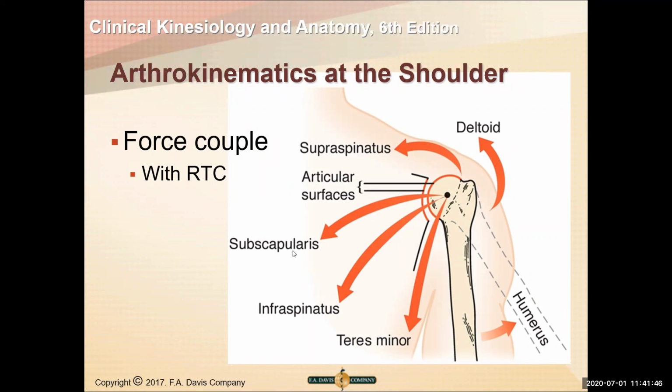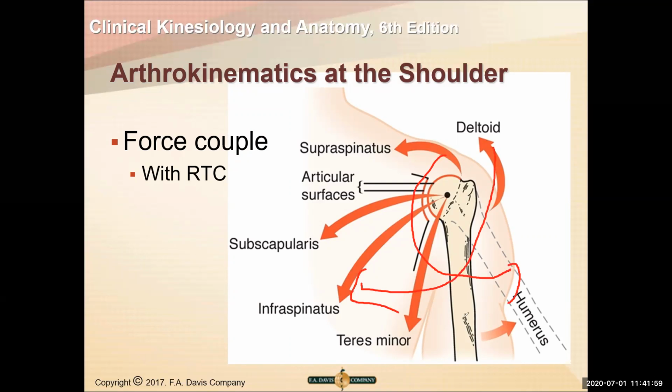So there's our supraspinatus, subscap, infra, and teres. When they work together, they will externally and internally rotate that humerus, depending upon what pulls and what doesn't pull. They are also going to be responsible for stabilization.